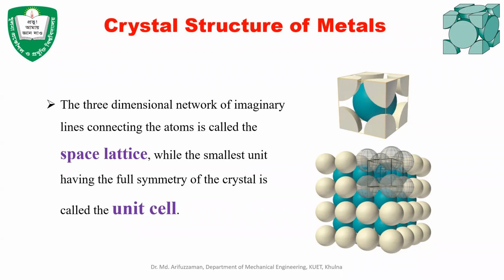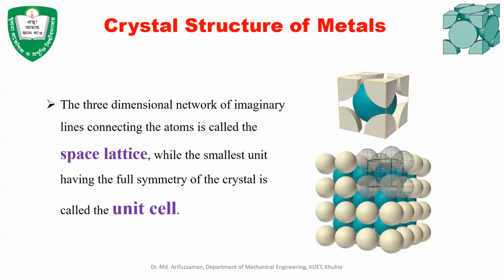But these atoms are organized in such a way that if you extract a certain portion of that space lattice, which contains all the symmetry on all the faces, it is called the unit cell.